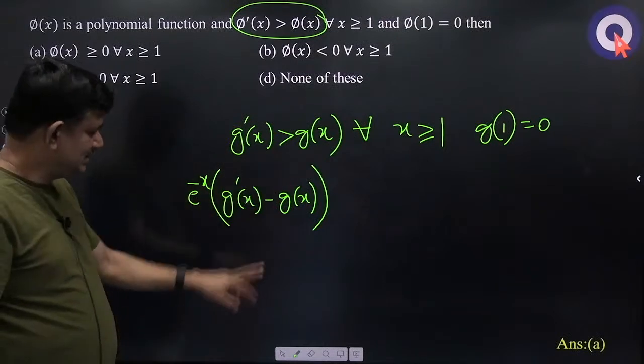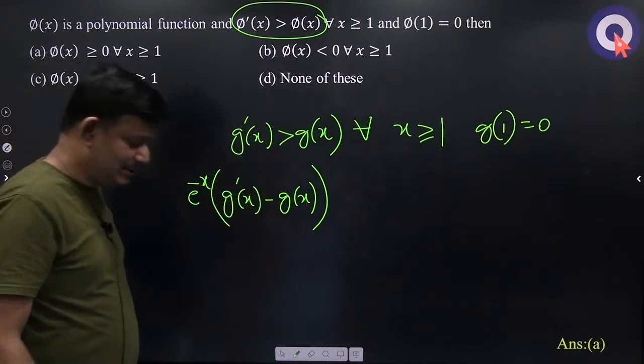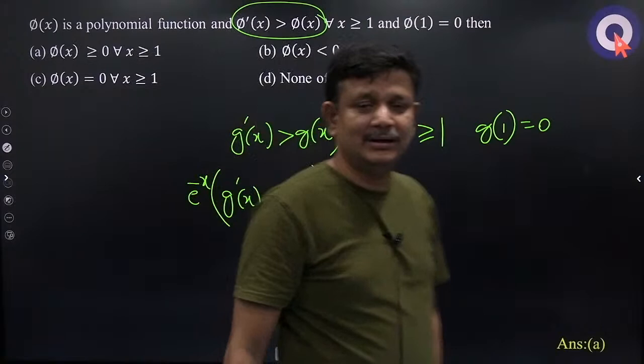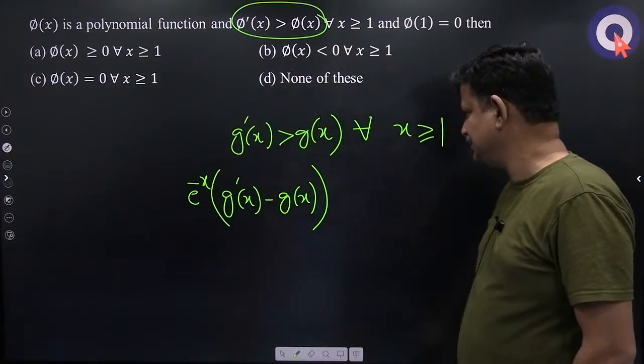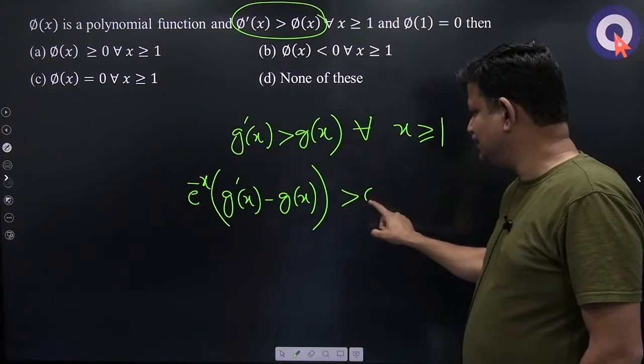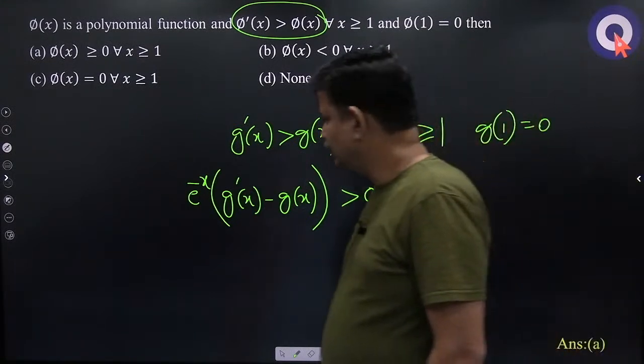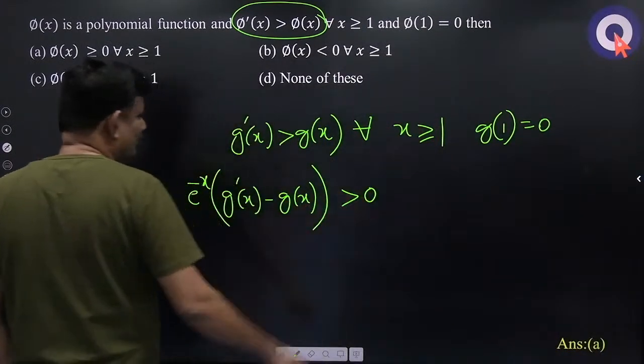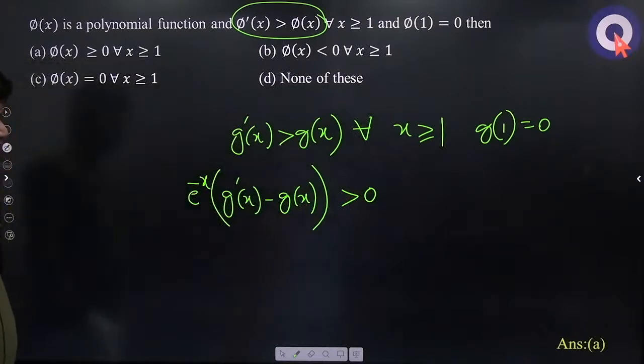Q I will forget. Integrating factor will be e power integral of minus 1, which is e power minus x. So I'll multiply throughout by e power minus x, and e power minus x is a positive number. So happily you can multiply it over an inequality.